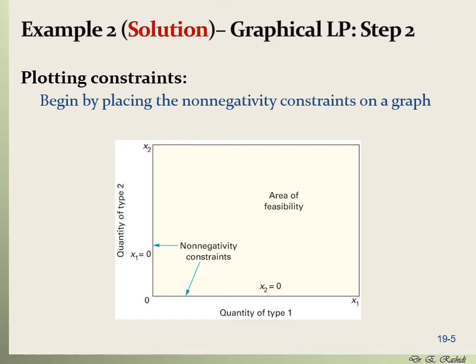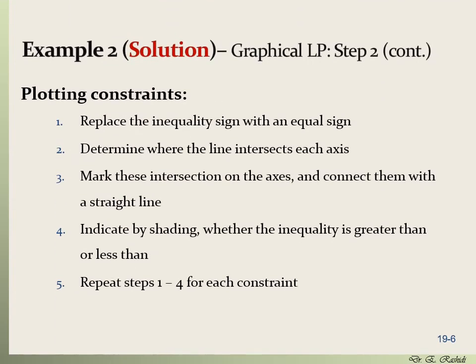The next step is to gradually add the other constraints that we have: the assembly constraint, the inspection constraint, and the storage constraint. These are the steps for plotting the constraints. First, replace the inequality sign with an equality sign for each constraint. Then you get the equation of a line, a two-variable line. Then determine where the line intersects with each axis.